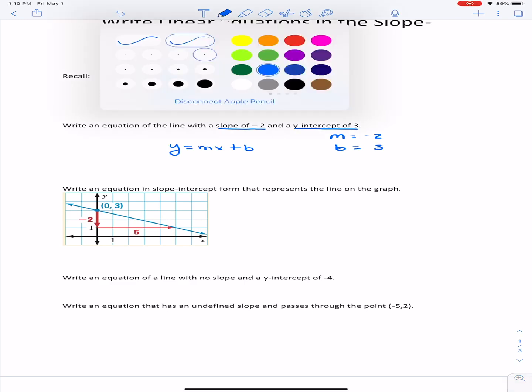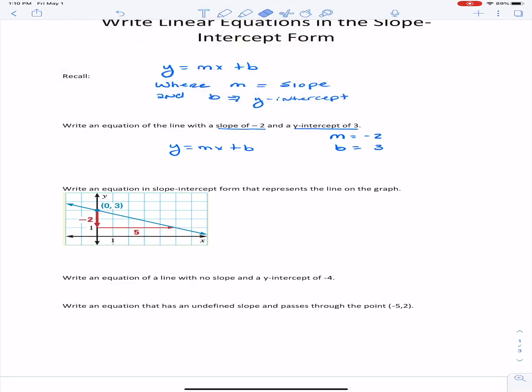So all I need to do is go to my equation. I'm going to erase my m and put -2. I'm going to erase my b and put 3.